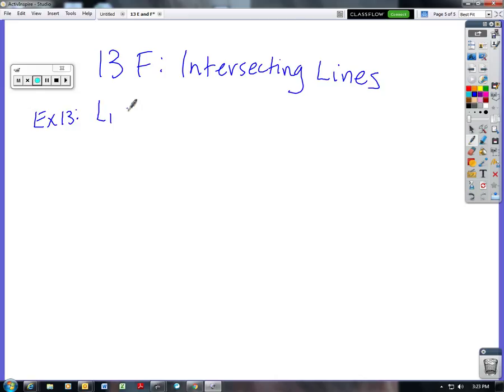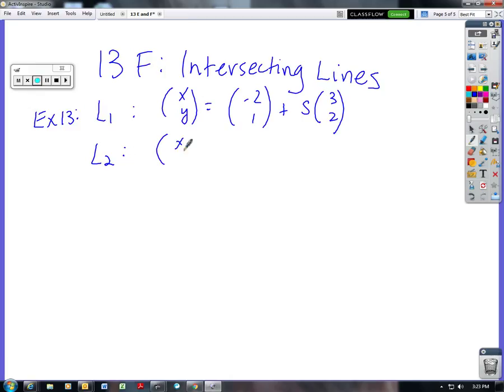Line 1 has vector equation, and then line 2, S and T are scalars.